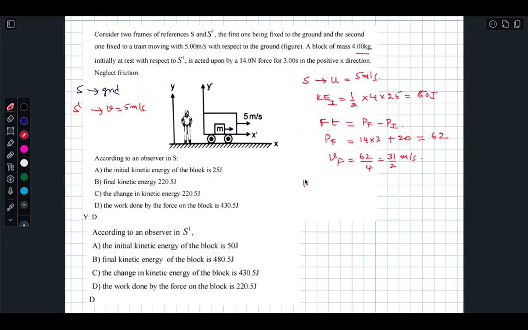Final kinetic energy is simply pf square by 2m. 62 into 62 by 8. If you solve it, you get 62 into 62 divided by 8, 480.5.